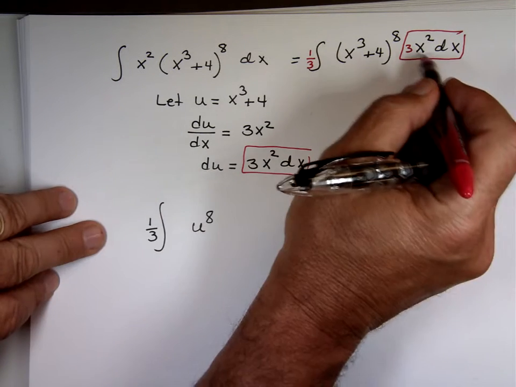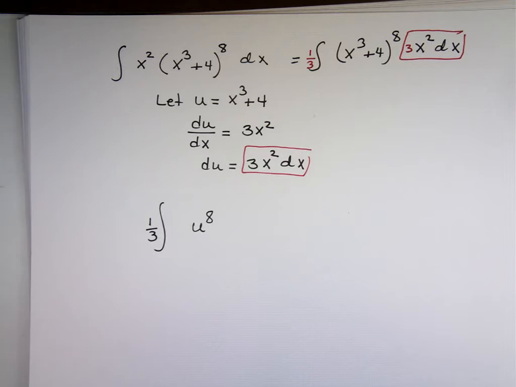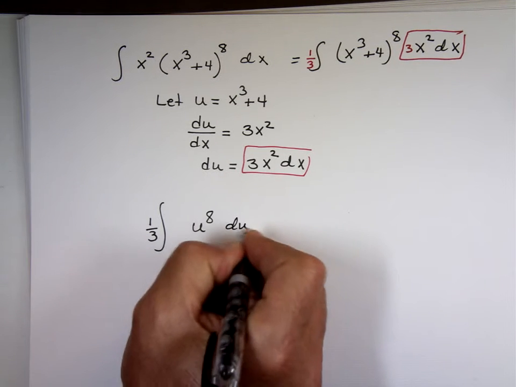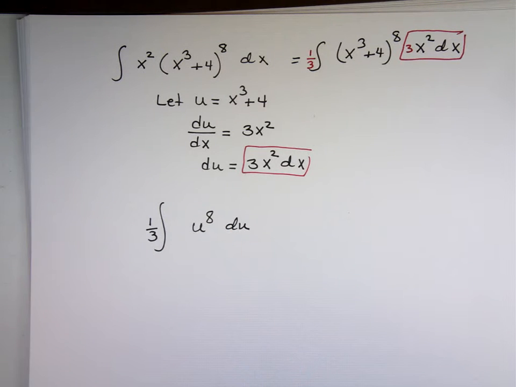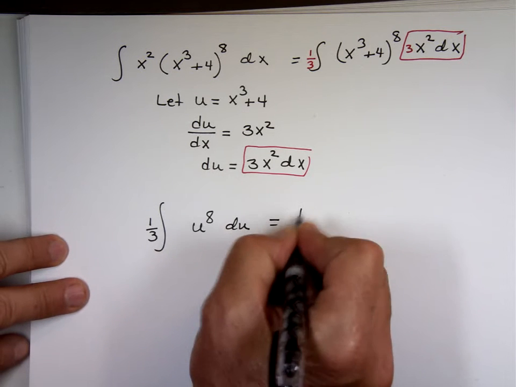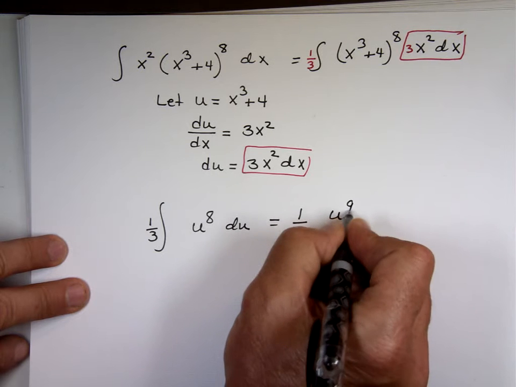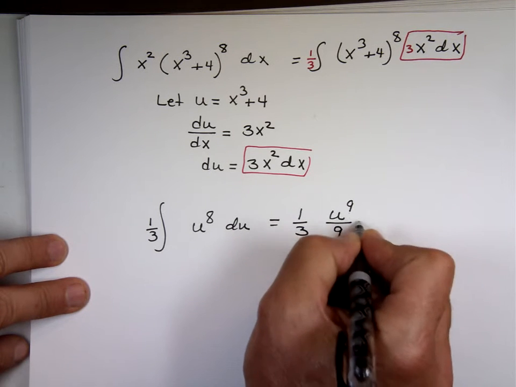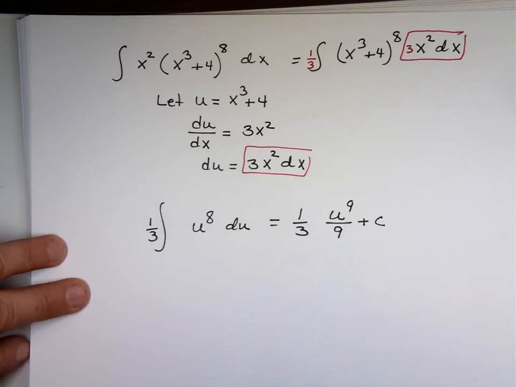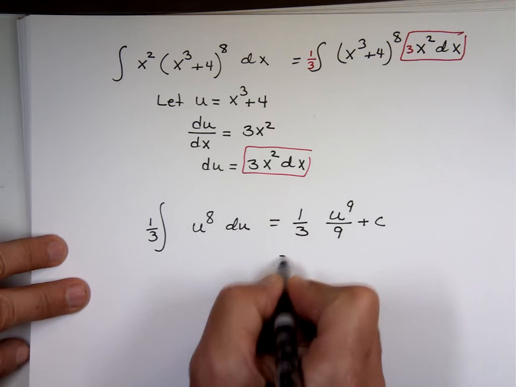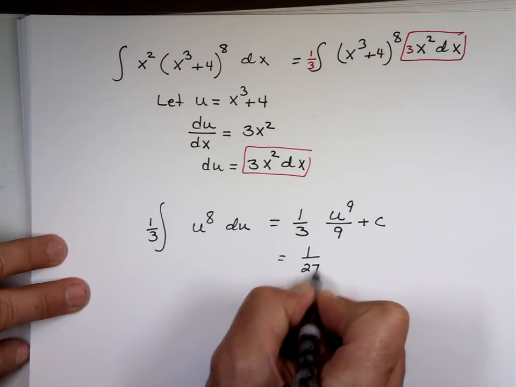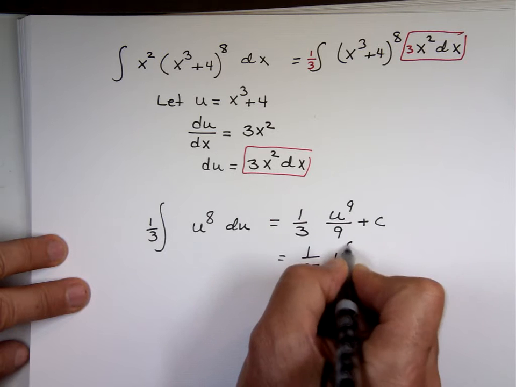So I can replace all of that now with du. So now let's integrate it. There's the 1/3. Add 1 to the power: u to the 9th over what? 9 plus c. That's 1 over 27 u to the 9th plus c.